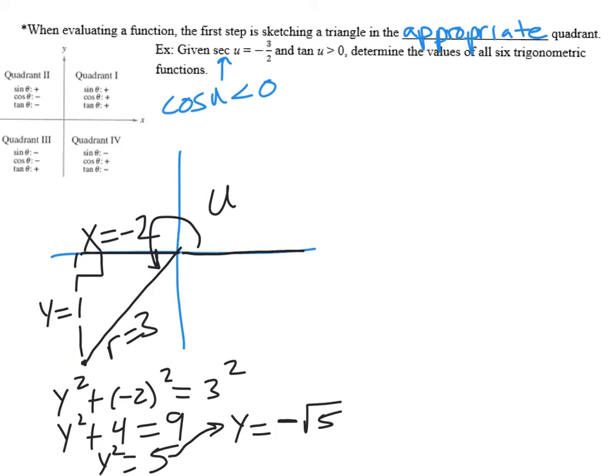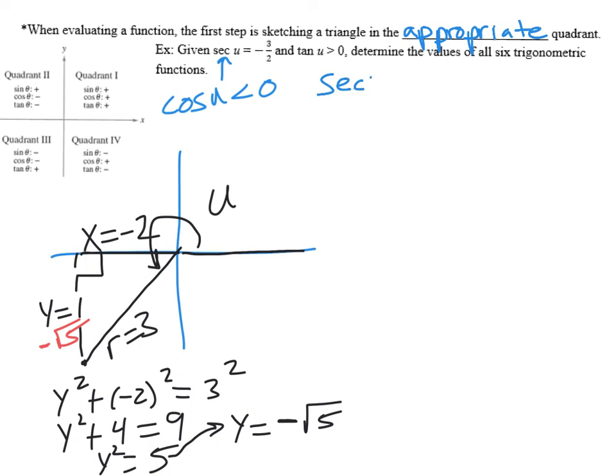It could go either way, technically, when you take that square root. But that's a really important thing here for y, that it is negative square root 5. We're down in quadrant 3, so x and y both have to be negative. All right? That's really the part I wanted to review, because once you have that, you're typically off to the races, right?